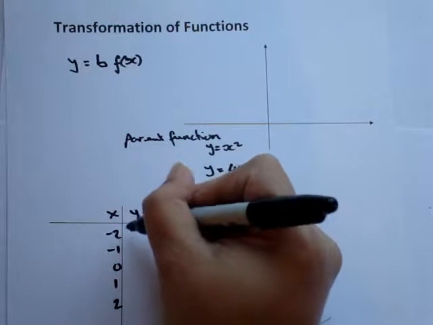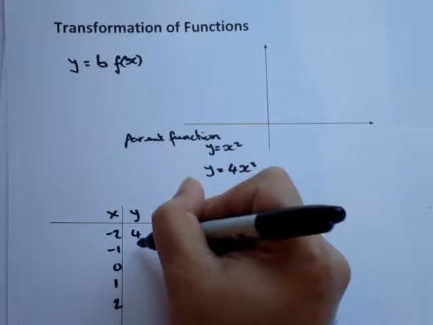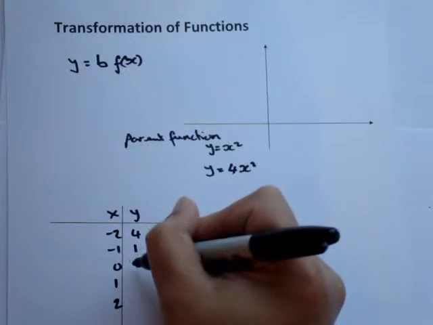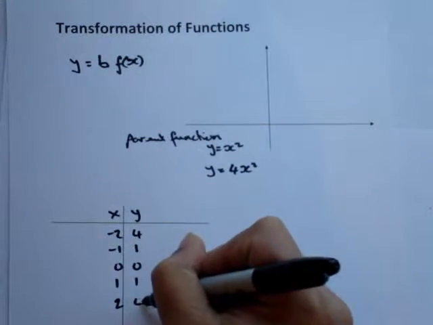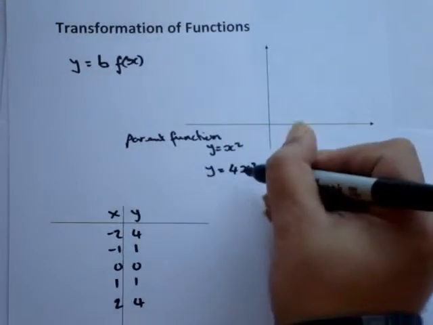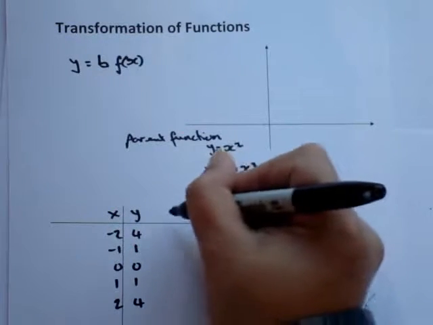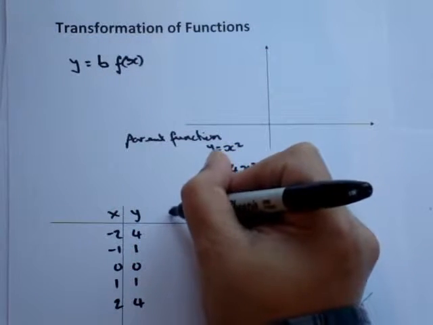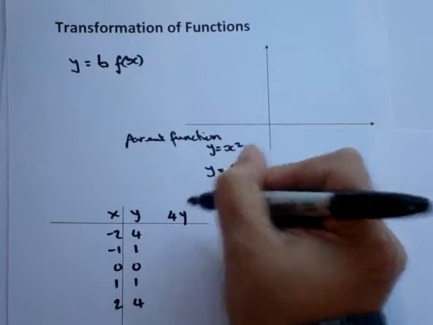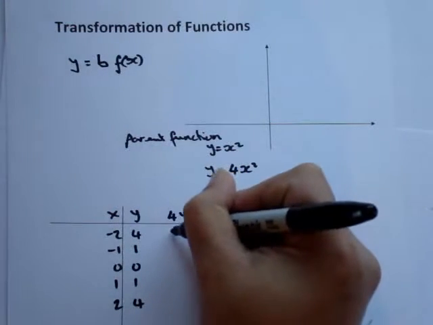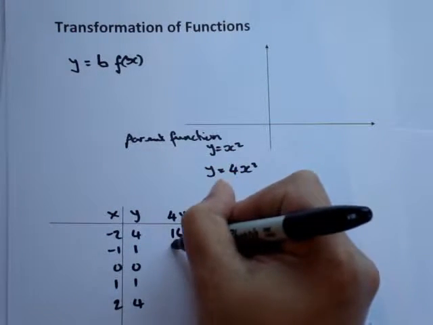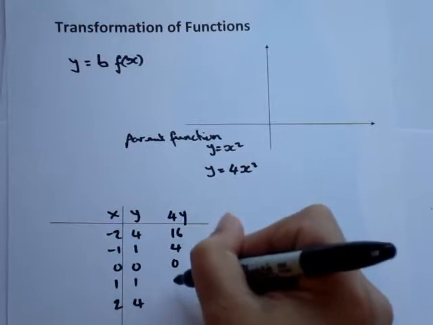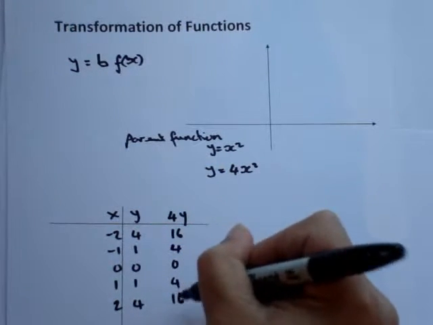For y equals x squared we get 4, 1, 0, 1, 4. And for our 4x squared we multiply the y by 4, so we get 4y. And this would make this 16, 4, 0, 4 and 16.